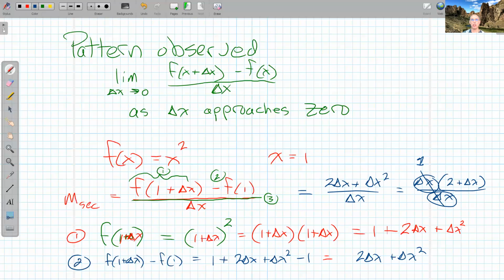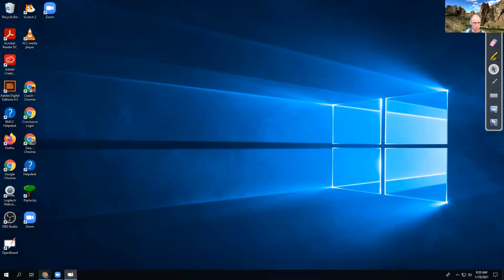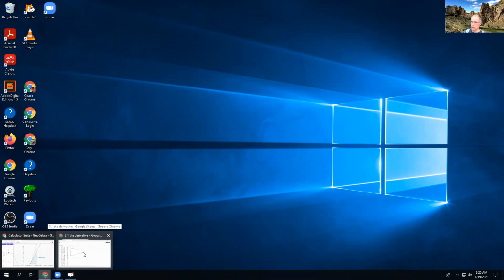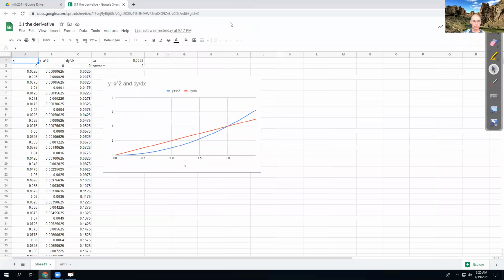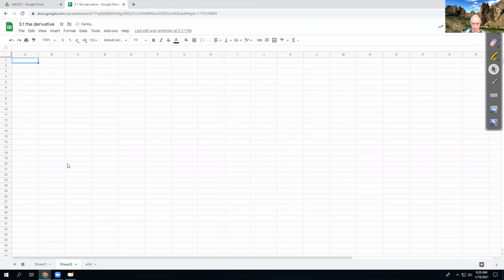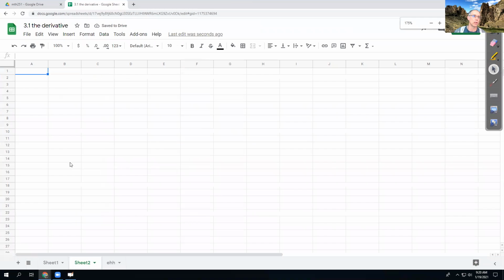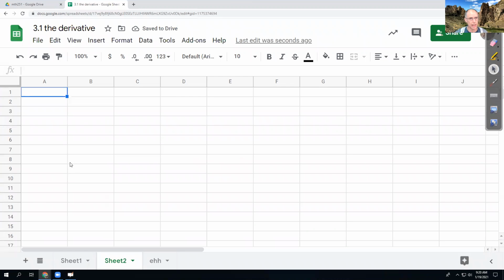I think I do want to do that. Let's see, show desktop. Let's whip out a spreadsheet. Got one over here. And let's see, I'm not ready to do that one. Let's bring up a new one. All right, so we have x, and then we have f of x equals x squared.